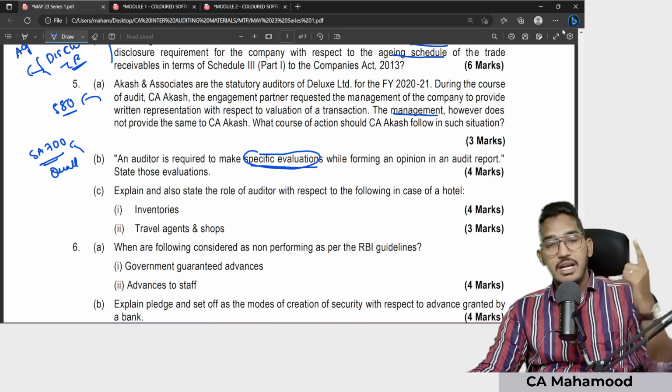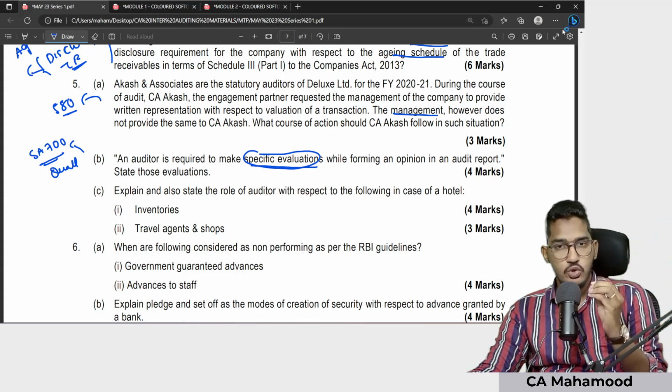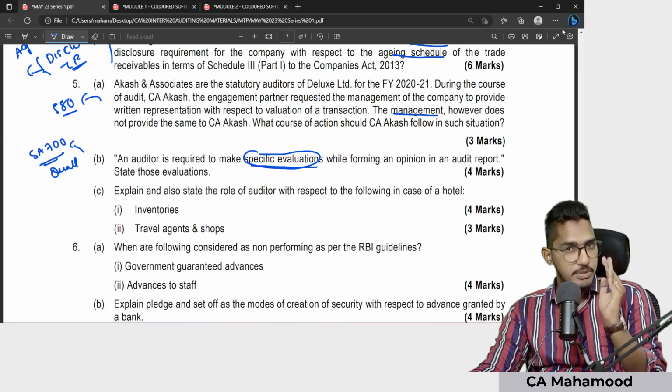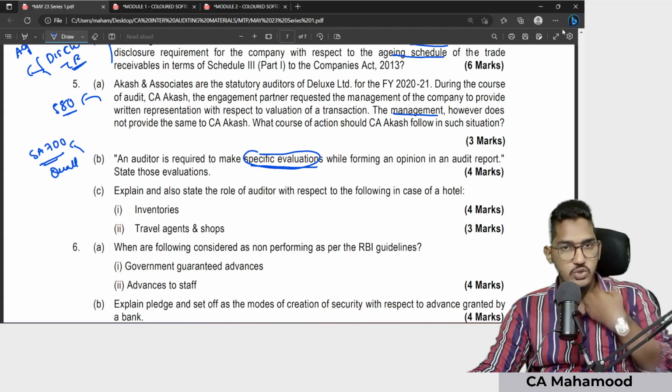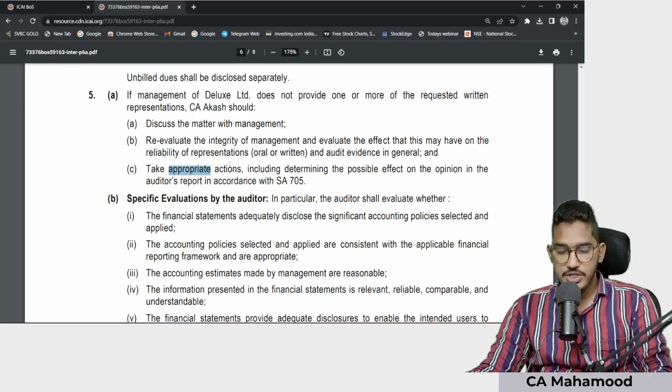Even I told you one more shortcut. When they ask you specific evaluations, you can write question number 1 from chapter number 2, nature, objective and scope of audit. In that first question we have discussed what are the points to be considered before expression of opinion. The same points you can write even for specific evaluations also. Like if you go through the answer once, so what specific evaluations you are supposed to do?